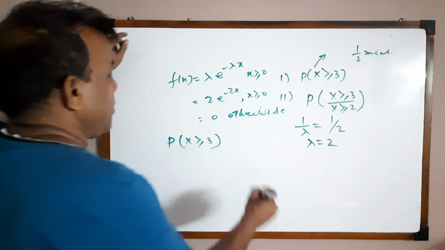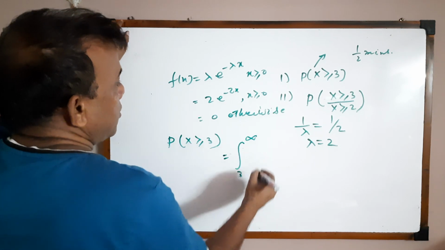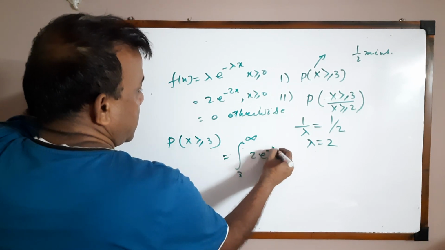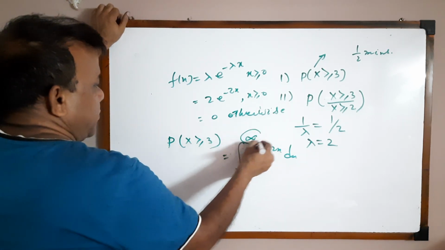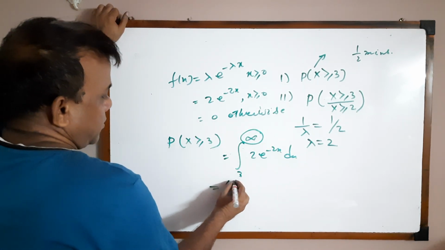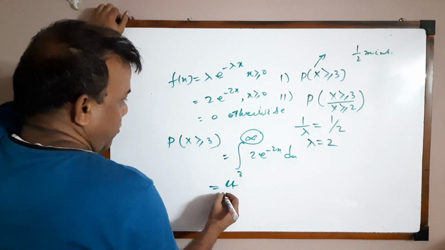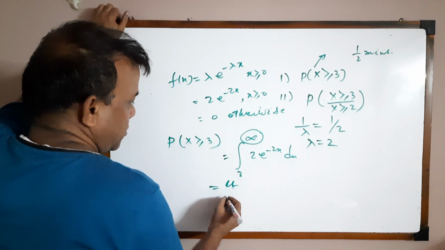It is equal to the integration from 3 to infinity of f(x) dx. As it is an improper integral, therefore we have to find the value of the integration as follows.